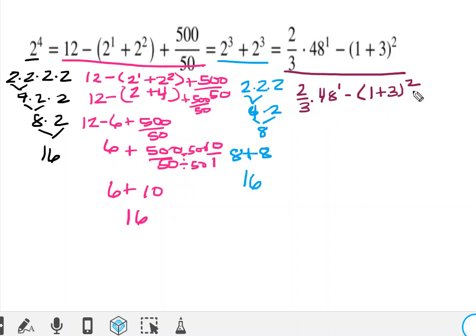So let's take care of our parentheses first. So let's rewrite this. And just a reminder, that is multiplication right there. It's so much faster to write a little dot than having to write what looks like an X. Okay, the sum of this would be 4, and that would be squared.